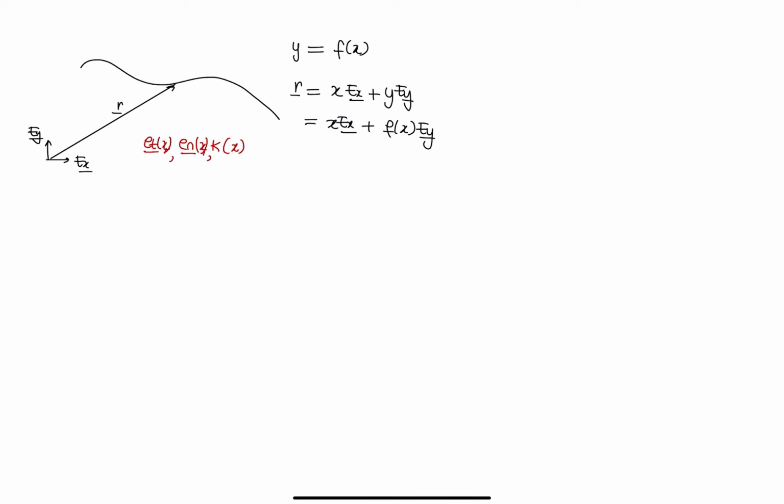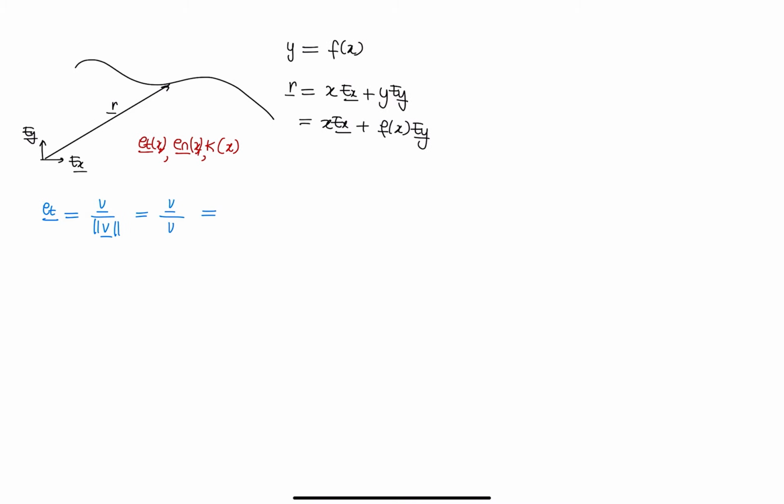So there are probably many ways to do this. Let us try maybe to start by saying that e_t is equal to the velocity over its magnitude, the magnitude of the velocity, which is the speed. So the velocity is just v equal to the derivative of r with respect to time, dr by dt, equal to x dot, or dx by dt, dx by dt e_x, plus df by dx, dx by dt e_y.